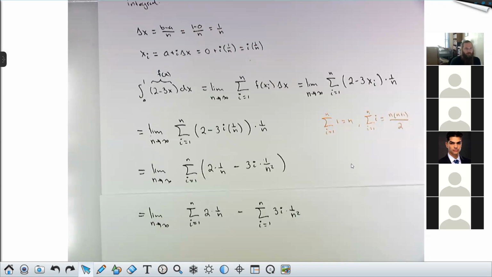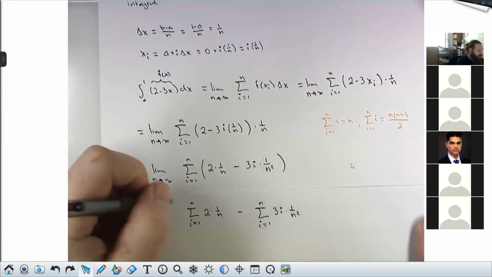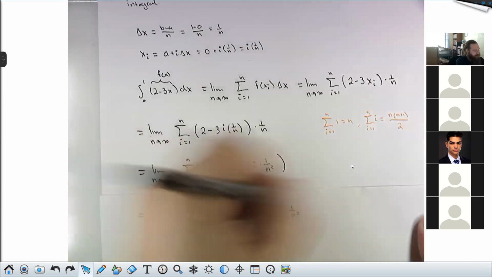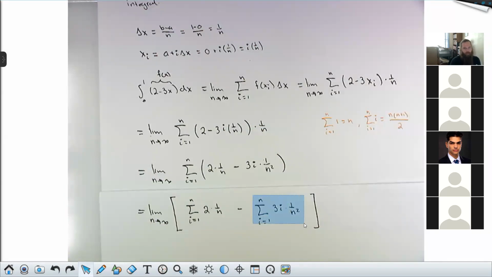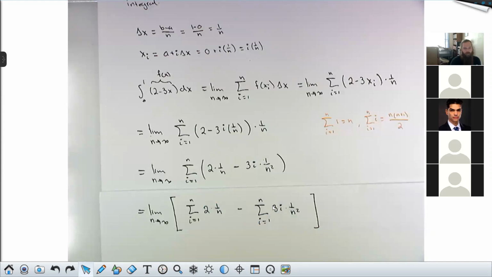And from each of those, I want to pull out everything I can. If you want to put this whole thing in a bracket, you can, because we're taking the limit of that whole thing. But the big idea is I need to apply a summation formula to this, and I need to apply a summation formula to this. And my summation formulas look like this and this. So first I need to get everything else out of these two sums.